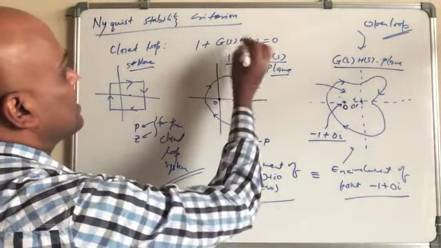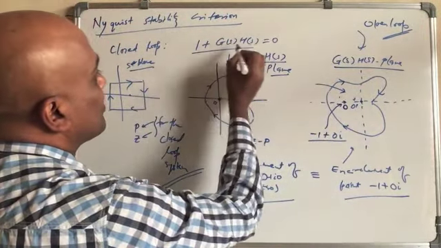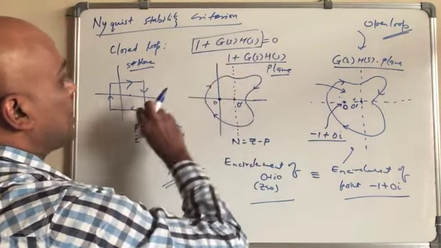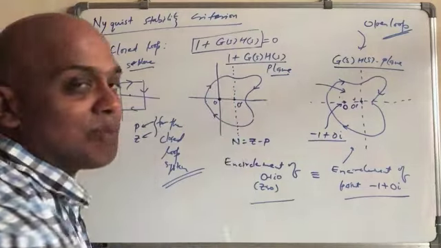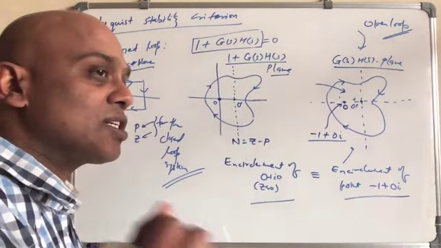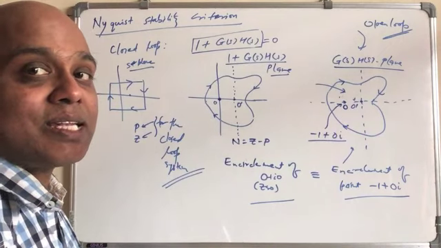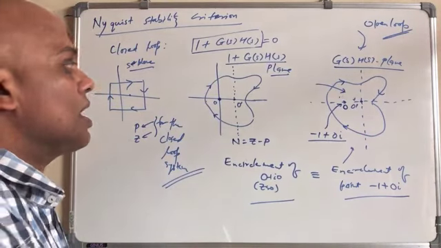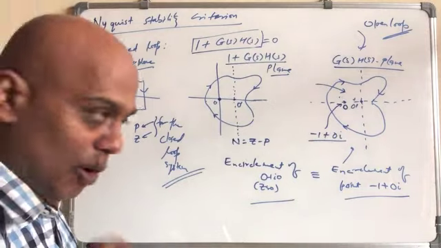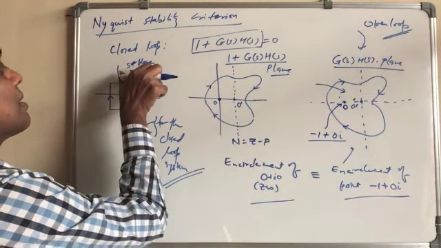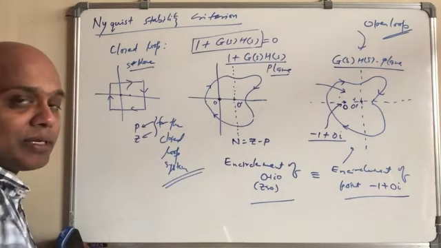Finally, we have to find out how this is behaving, right? We have to make sure that the open loop transfer function doesn't have any zeros and poles on the right S plane.